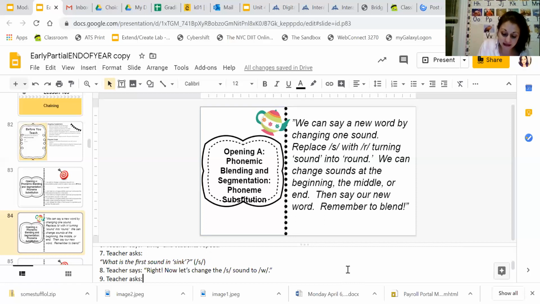And I'm going to write it in a different spot because I want to show you guys it's the same. Ready? Okay, notice how I changed the S to a W, remember, point to that letter or that sound that we're changing.